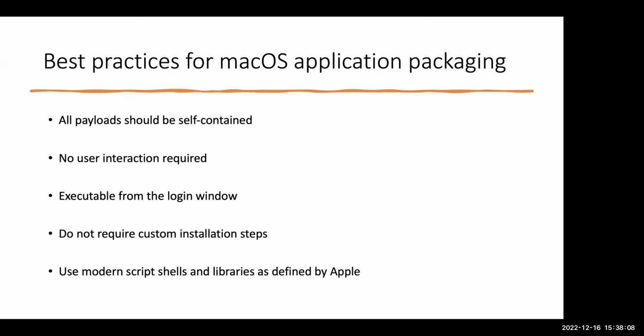If an application has some dependencies, they should be self-contained within that installer package. As an example, if SAP GUI needs Java, it should be self-contained within that package, so there shouldn't be a need for the installer to go to the internet, download the package, and then continue the installation. This improves the chance of successful installation.